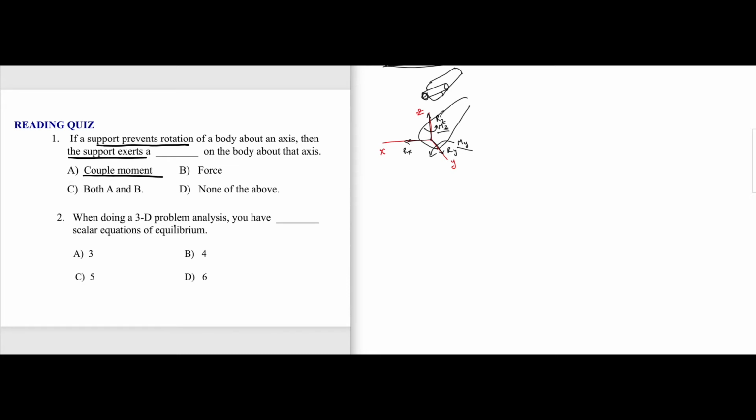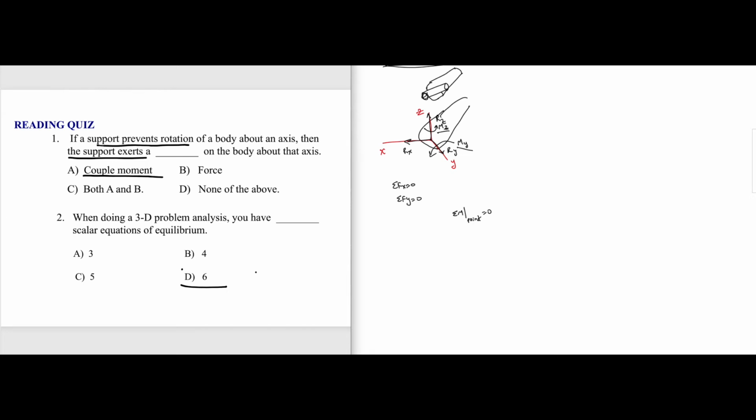When doing 3D problem analysis, how many scalar equations of equilibrium do you have? You'll have 6. Because in 2D problems, what we have is sum of Fx equal to 0, sum of Fy equal to 0, and moments with respect to a point in the system equal to 0, right? That is what we have in 2D.